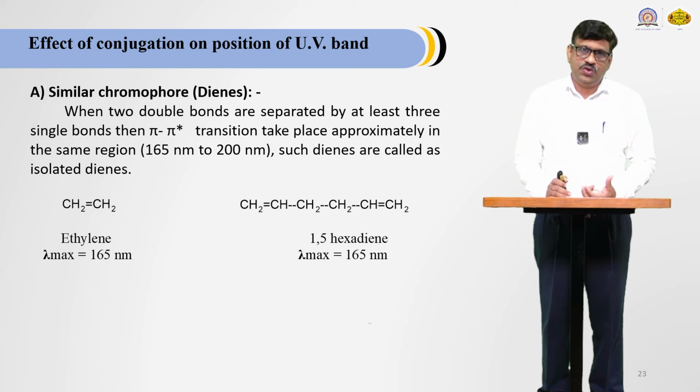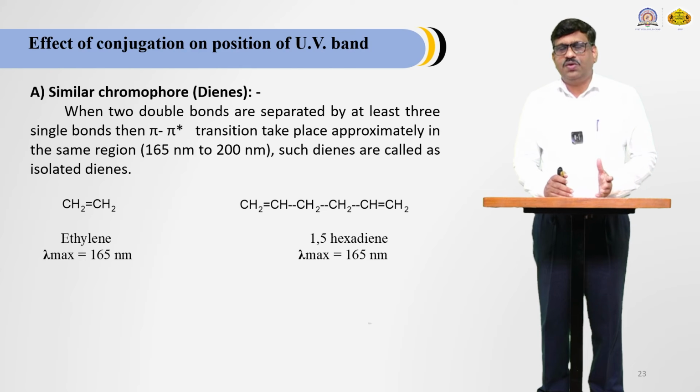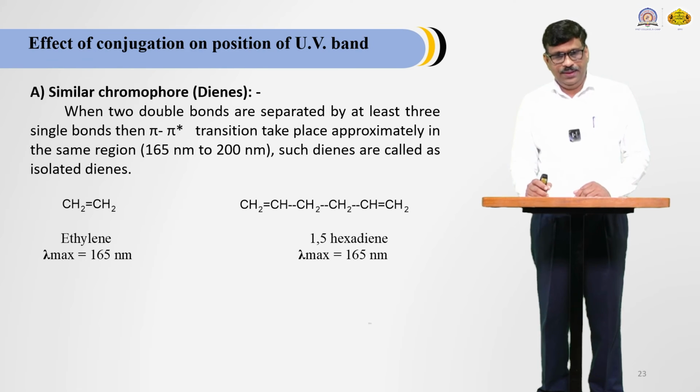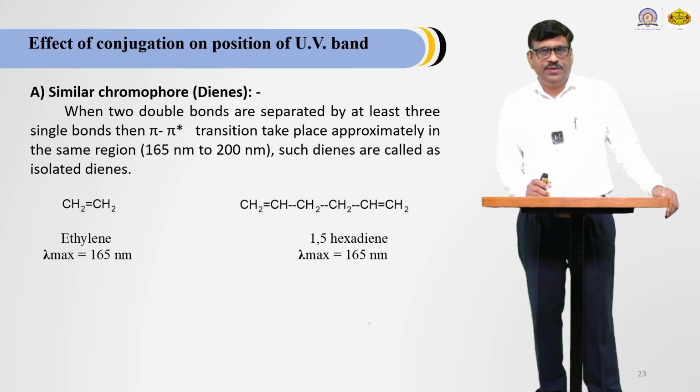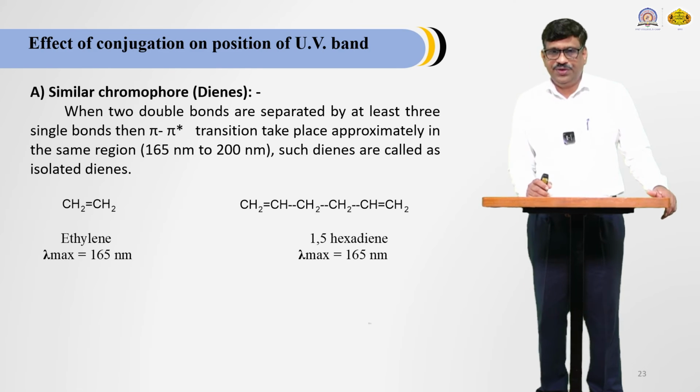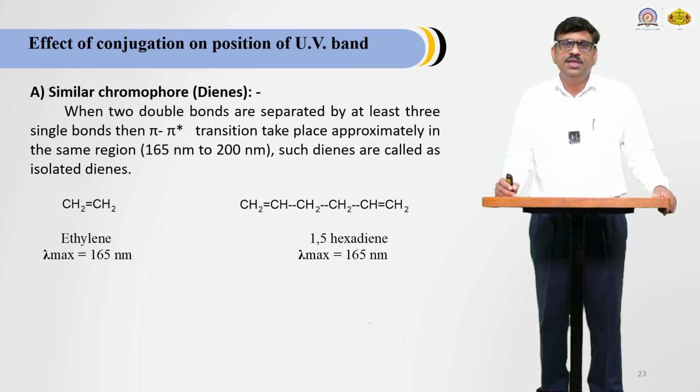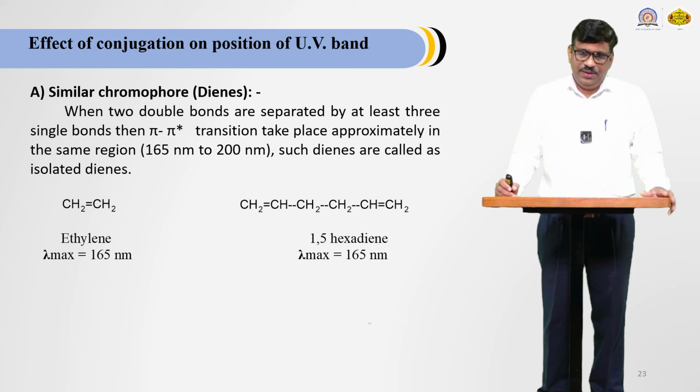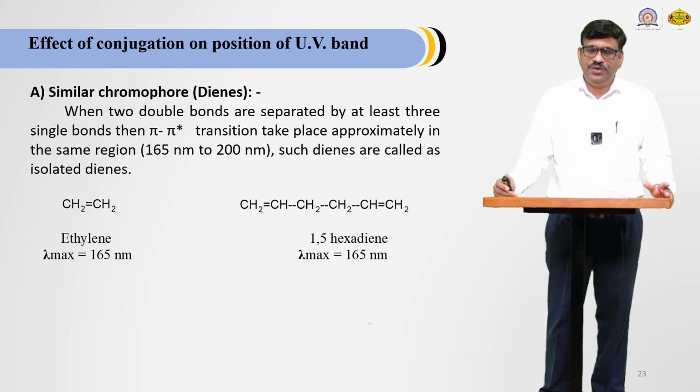In case of isolated diene, two double bonds are separated by 2 or 3 single bonds. In this case, ethylene lambda max value is 165 nanometer, and another example, 1,5-hexadiene, has lambda max value 165 nanometer.